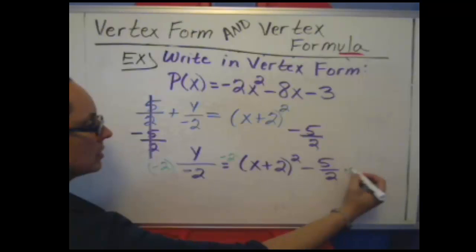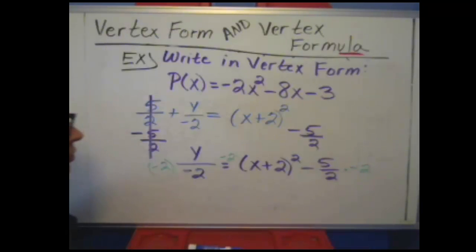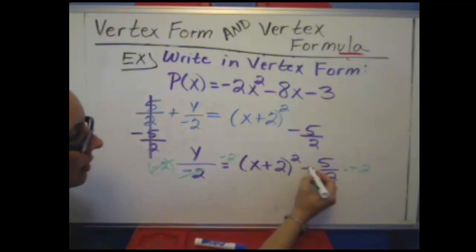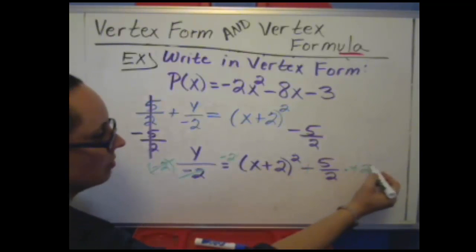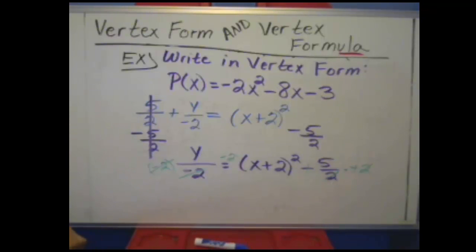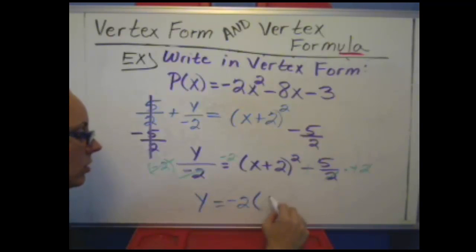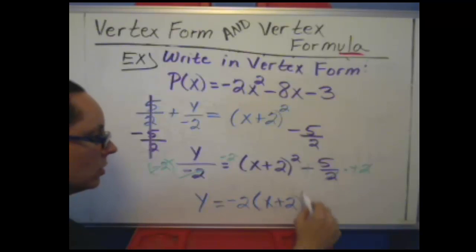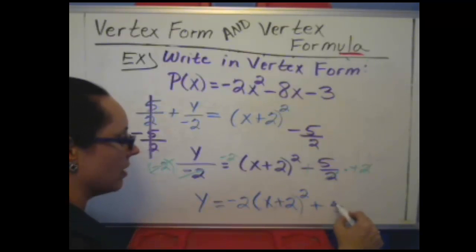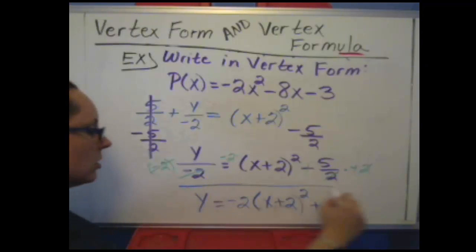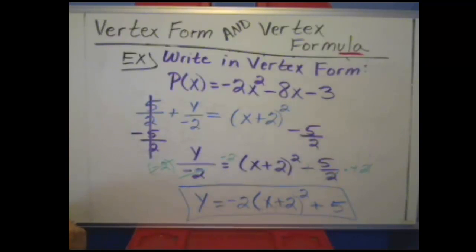And then the other piece that we still have to multiply by over here on the right is that -5/2 by the -2. That will make the -2's cancel. It will also make the negative here turn to a positive, and these 2's will also cancel. So now we have y equals -2 times x plus 2 squared plus 5. This is our equation written in vertex form.